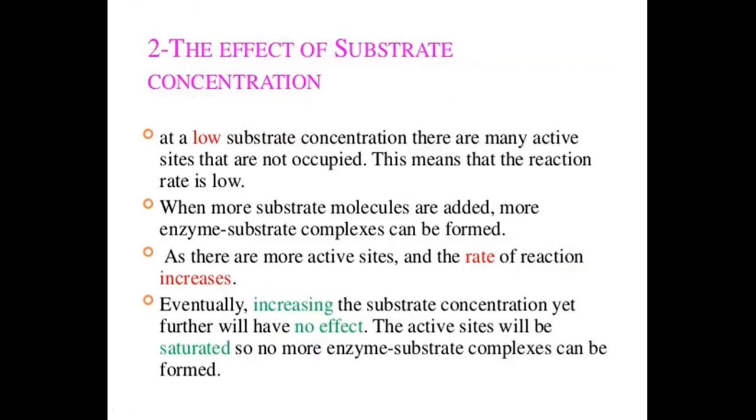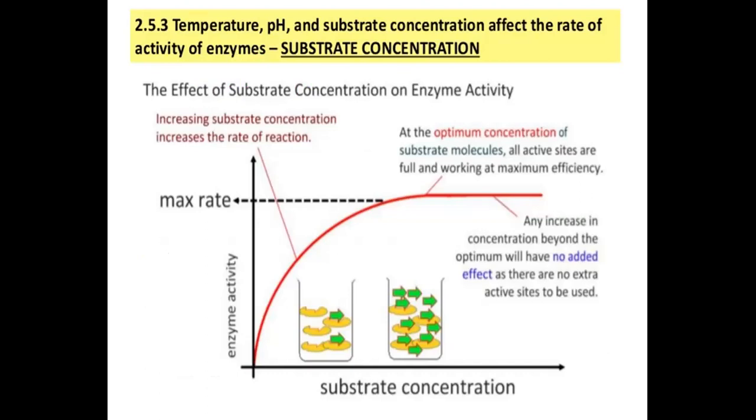Eventually, when increasing the substrate concentration further, there will be no effect, because all the enzyme active sites will be saturated. So no more enzyme-substrate complex will be formed, and the rate will be optimum. Here we can see the maximum rate.